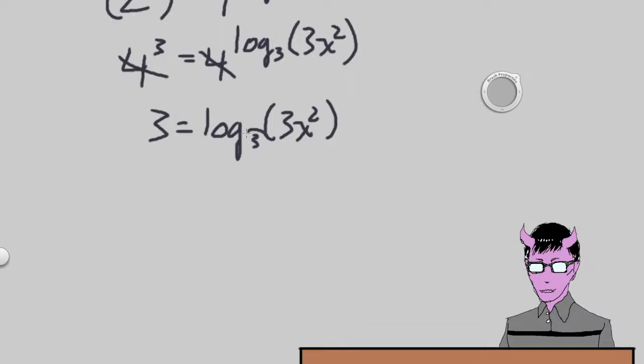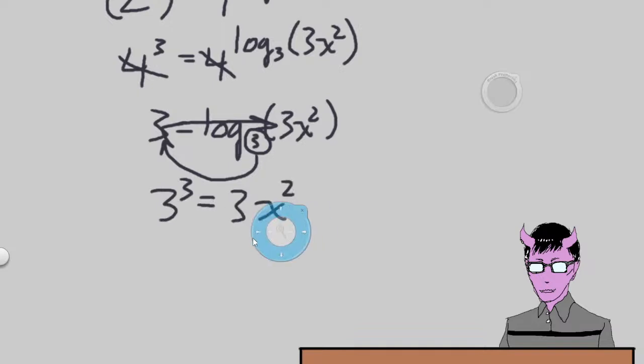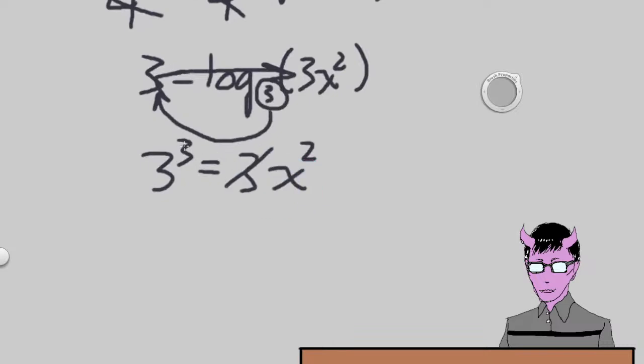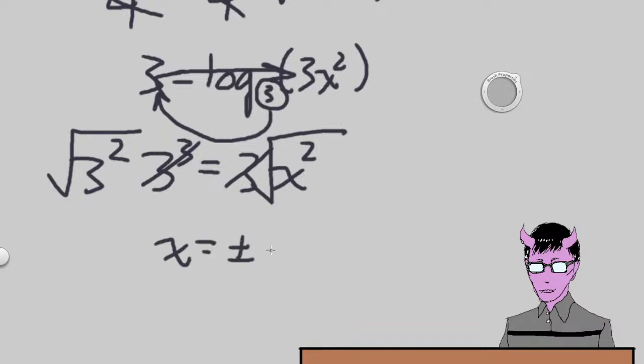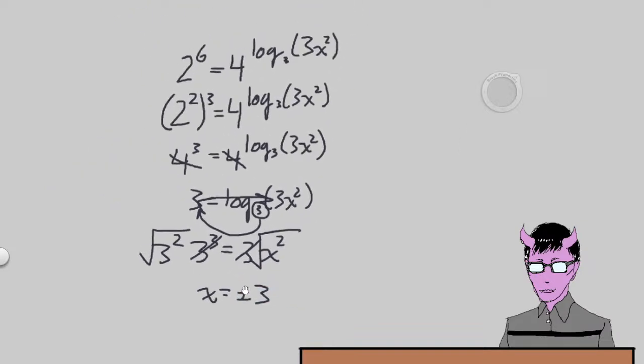Or you could just do the simple one: log base to the power of this equals that. Yeah, let's just do it like that. So base 3 to the power of 3 should be equal to 3x squared. Perfect. So we'll divide 3 from both sides. Watch out for plus or minus if we take the square root of both sides. We get x is equal to plus or minus 3. But make sure you check for extraneous solutions.